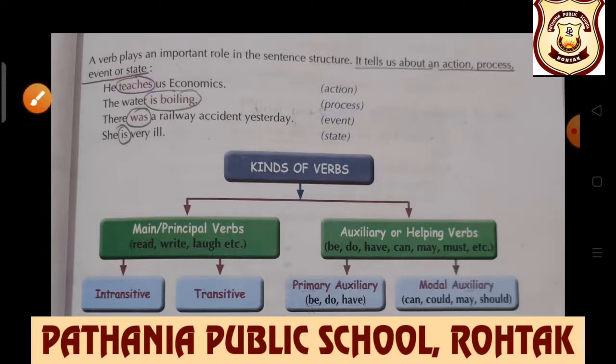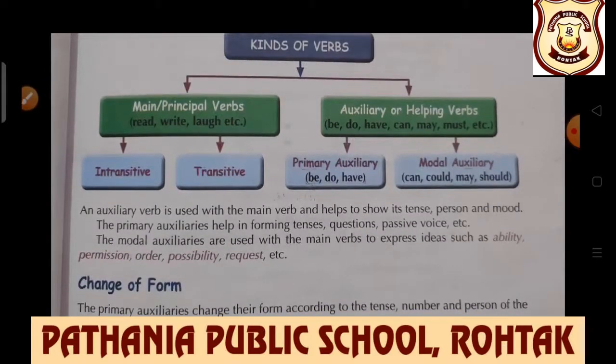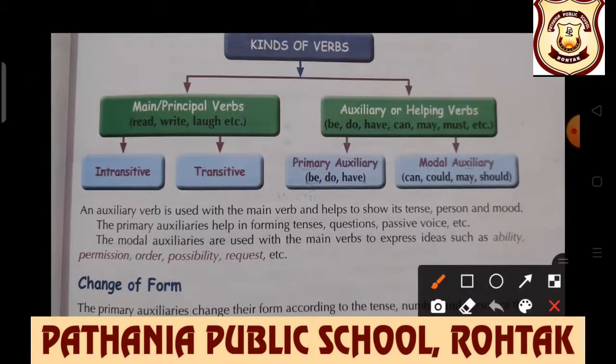Further, we have kinds of verbs. There are basically two kinds of verbs. One is the main verb, also called the principal verb, and another is the auxiliary verb, also called the helping verb.